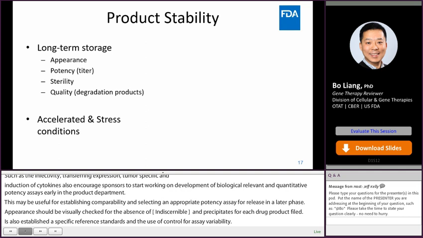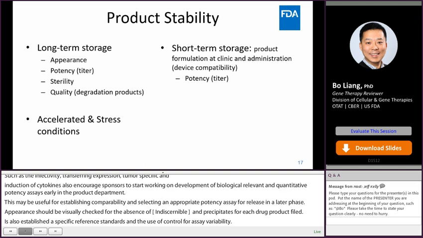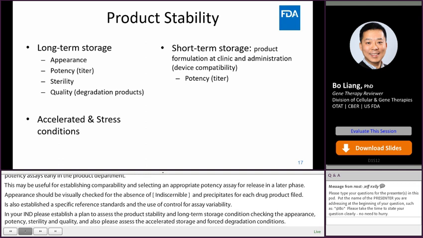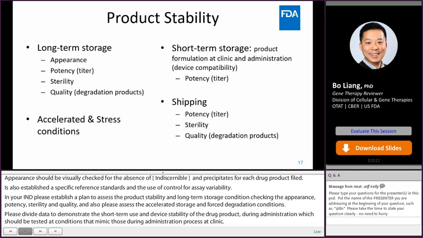Please provide data to demonstrate the short-term in-use and in-device stability of the drug product during administration, which should be tested under conditions that mimic those during the administration process at the clinic. In addition, established shipping procedures should be in place to ensure product potency, sterility, and quality during shipping from the manufacturing site to clinical sites.